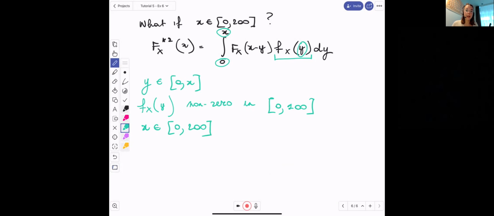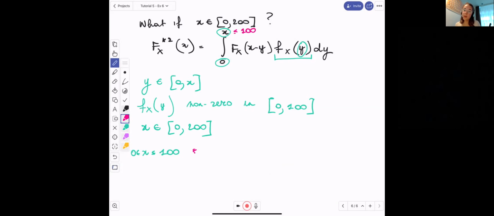So you see that in the case where x is between 0 and 100, our integration boundary will be smaller than or equal to 100, and our y will go between 0 and x, which is smaller or equal to 100.